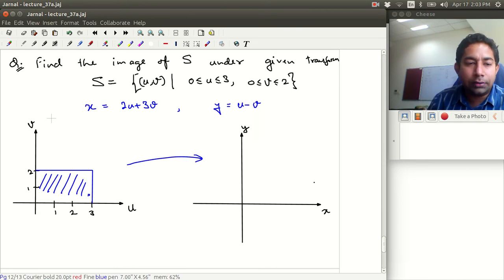So the question we ask is, what shape will this rectangle take in the xy plane? The answer to this question is not very difficult. Generally, looking at the boundaries should be sufficient.